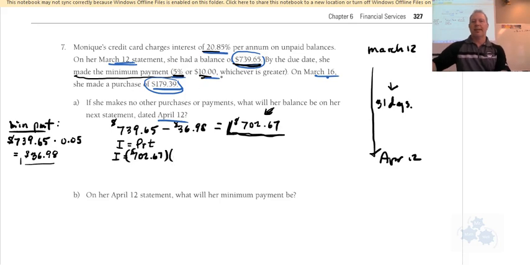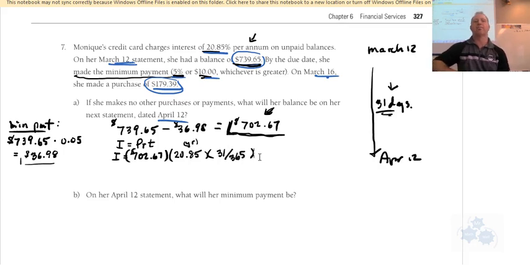Our rate is a yearly rate, but the time is in days. So we have to put either the days in terms of years or the rate in terms of days. Normally what we've been doing is putting the days in terms of years. So 31 days in terms of years is 31 out of 365.